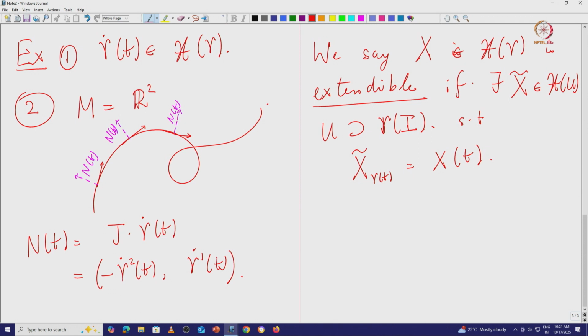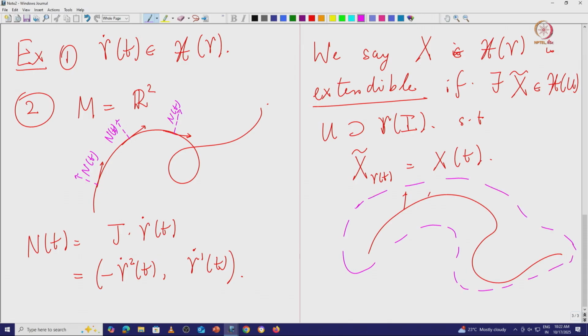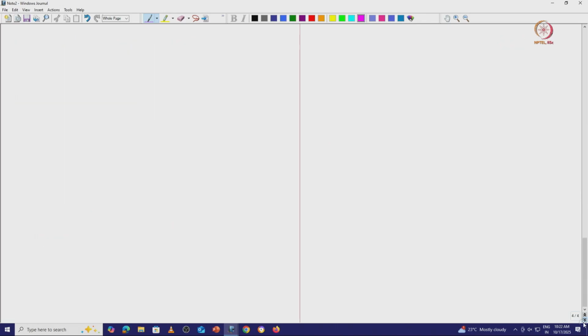That means in this picture, you can draw a little neighborhood here, and you have a vector field x tilde on this neighborhood which restricts to x of t on gamma of t. Note that such extensions may not always be possible. So note, x may not always be extendable.